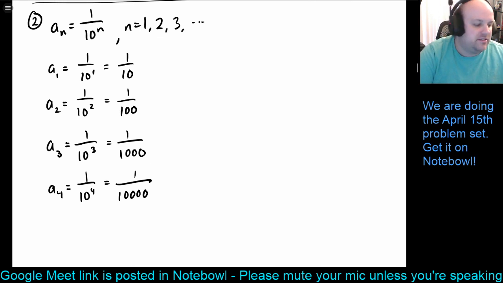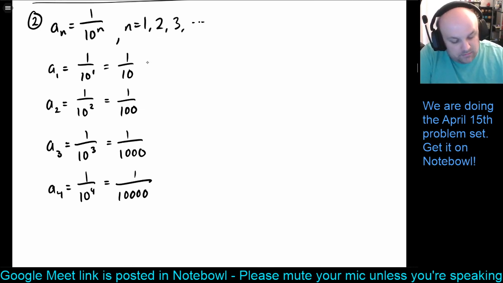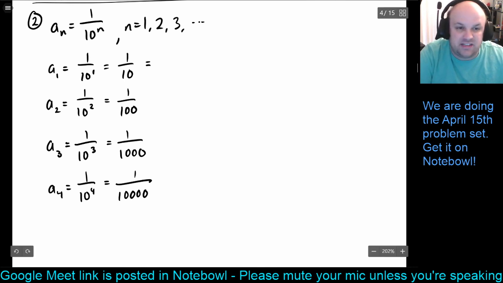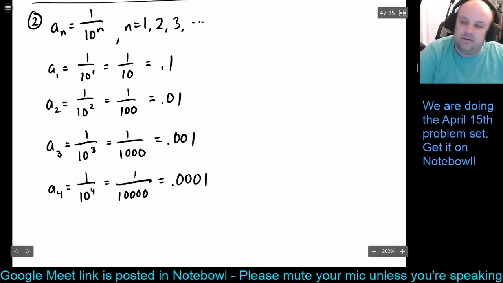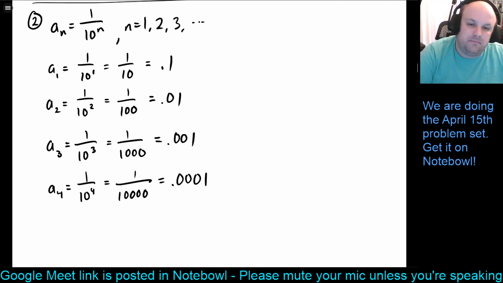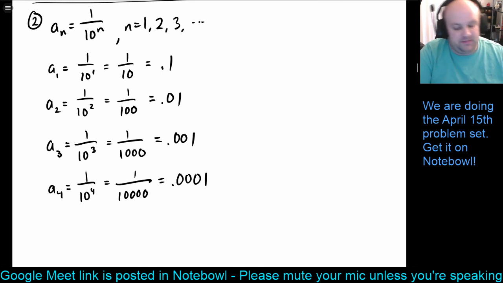So perhaps you can see already what's going on here. Sometimes it helps to look at this stuff in decimal. 0.1, 0.01, this is 0.001, and this is 3 zeros and a 1. So following this trend, what do you think is going to happen to the limit?